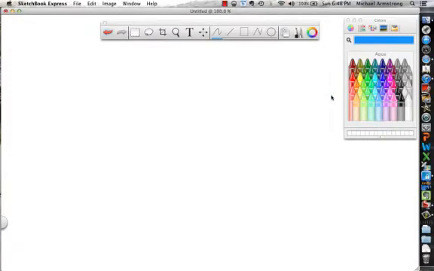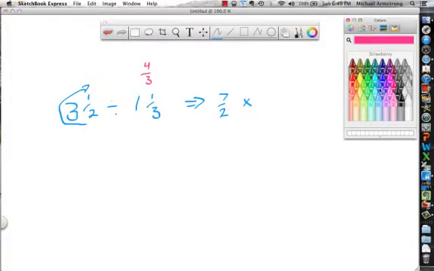Multiply by the reciprocal whenever you have to divide fractions. Even if you have mixed numbers like 3 1/2 divided by 1 1/3. That's the same thing as 7/2 times, now this is kind of a little two-part thing here, 3 times 1 plus 1 is 4/3, but I have to write that as 3/4.